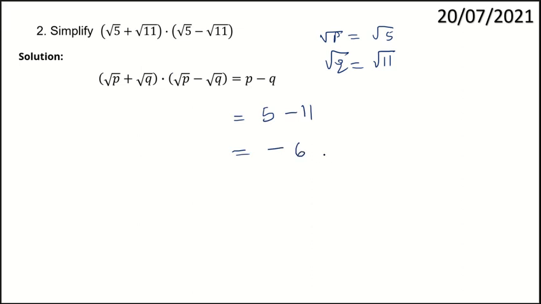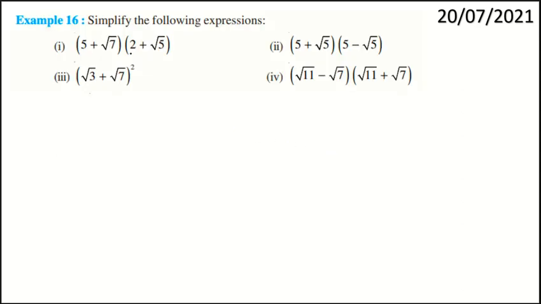Let us move on to solving some problems from the exercise. Example number 16. Simplify the following expressions. Here, first one: 5 plus root 7 multiplied by 2 plus root 5.